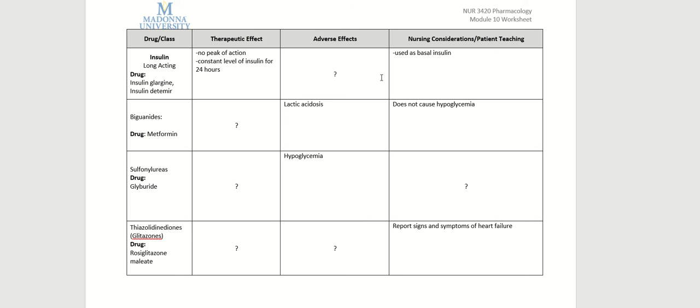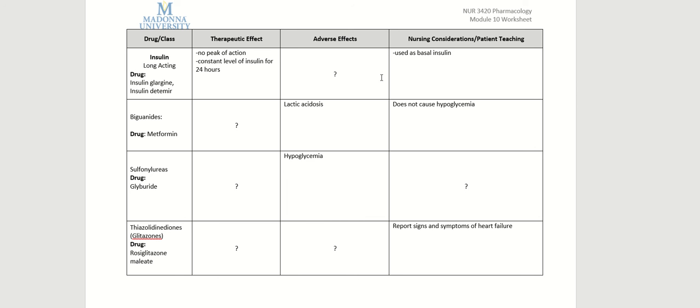In general, the teaching for the oral medications and also some of the other anti-diabetic medications can be found on pages 806 and 807. So that's a very important teaching box to be aware of for this module.